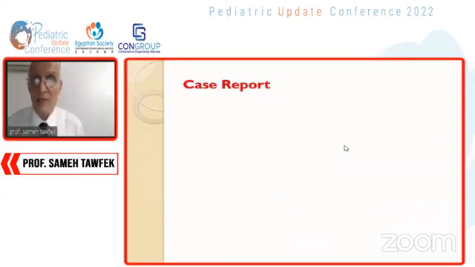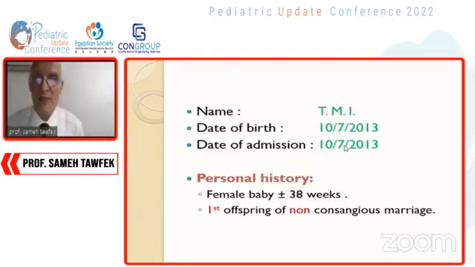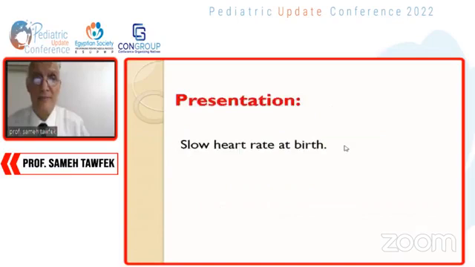I would like to present a case of a neonate who was admitted to my unit about 10 years ago, in July 2013, on the same day she was born. She was a female, 30 weeks gestation, first offspring of non-consanguineous parents.